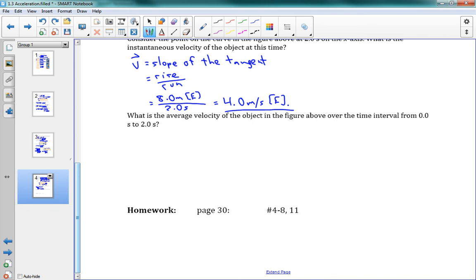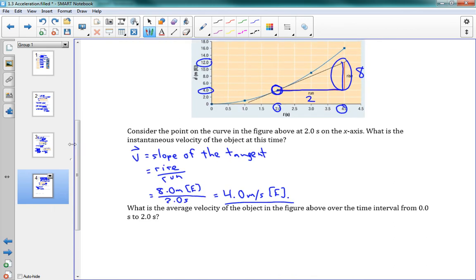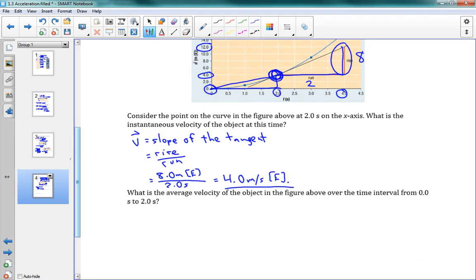One last question. What is the average velocity of the object in the figure above over the time interval from 0 to 2 seconds? So here we have now average, 0 to 2 seconds. The average is just going to be the slope of the line between those 2 points. So I can say that the average velocity is equal to delta d over delta t.